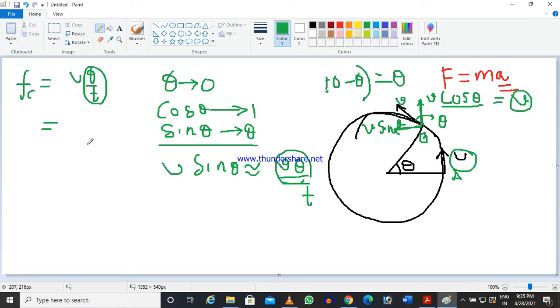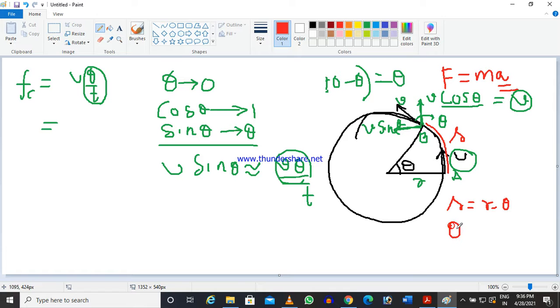This theta by t is called the angular velocity. Now again we can say the radius is r, and the arc which is travelled is s, and theta is in radian, then this s is equal to r into theta.